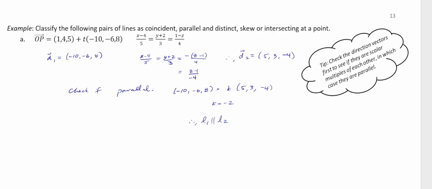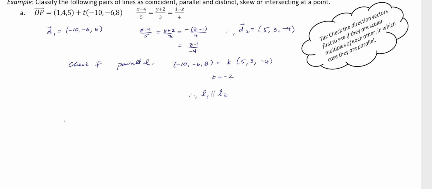Okay, so if line 1 is parallel to line 2, we can check if the point 1, 4, 5 from line 1 exists on line 2. So I'm just taking this point right here and checking to see if it exists on line 2. So I'm going to sub it into the symmetric equations.